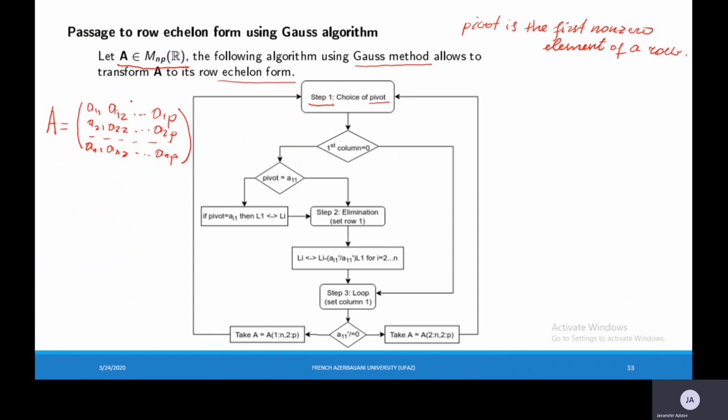In step 1, our input will be this matrix. And you see here, we have an if operator. First, we look at the first column. If all elements of the first column are zeros, in this case we move to step 3.